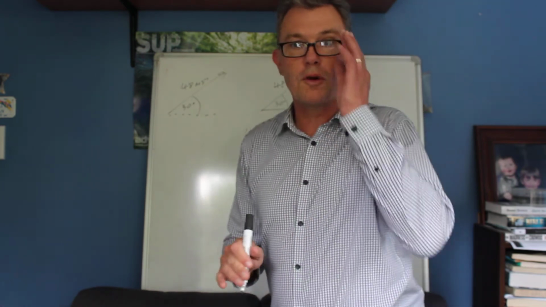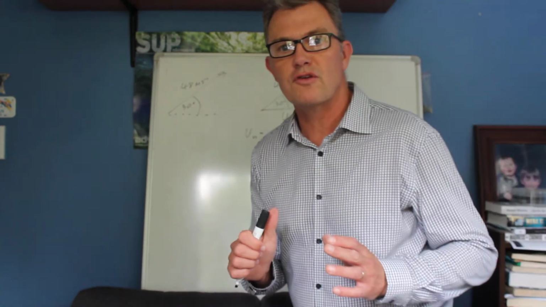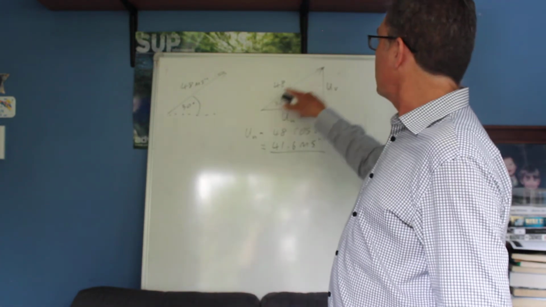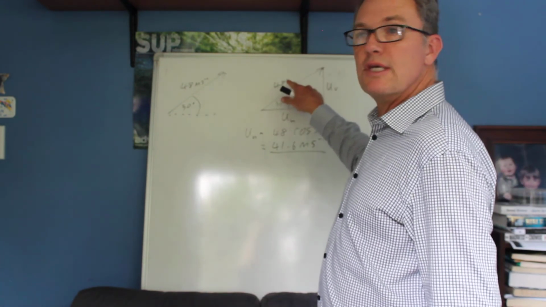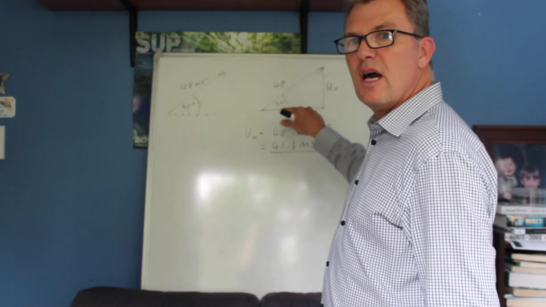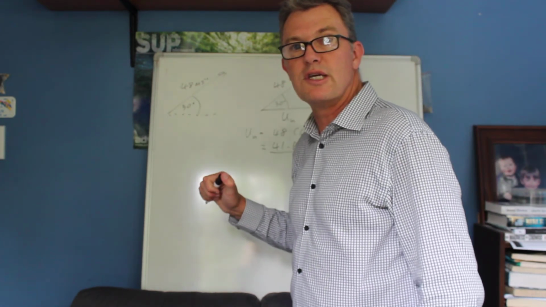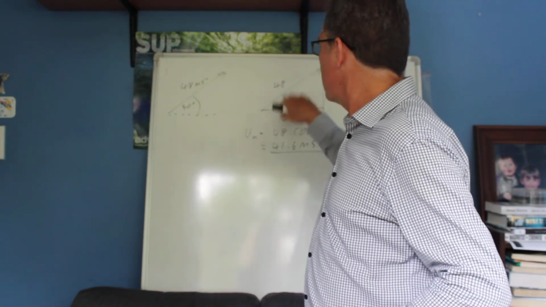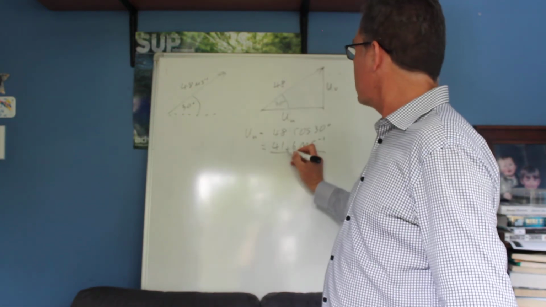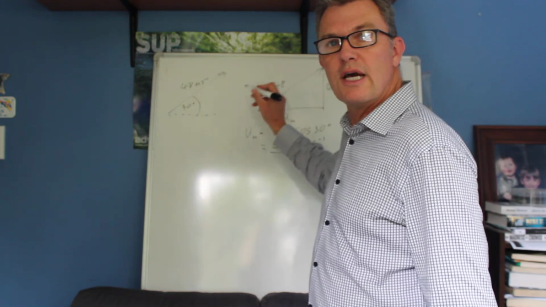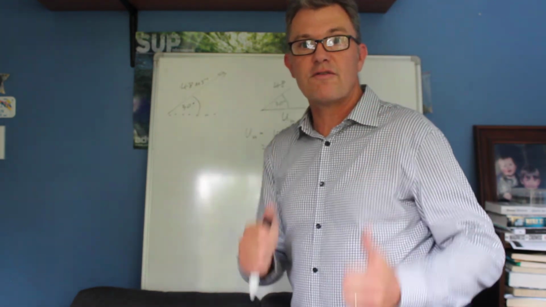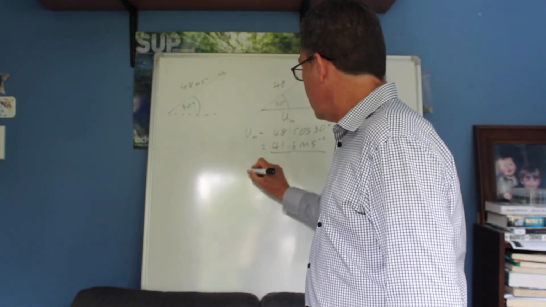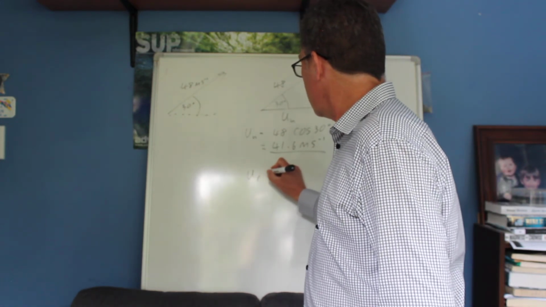Now at this point you stop and you do the common sense reality check, does it really work? So this is 48 meters per second, so this is going to be a bit less than 48 meters per second. It's not going to be hugely less, but it's going to be a bit less because it's on a bit of an angle. 41.6 is a bit less than 48, so it makes sense. It fits the reality check. Now, let's do UV.